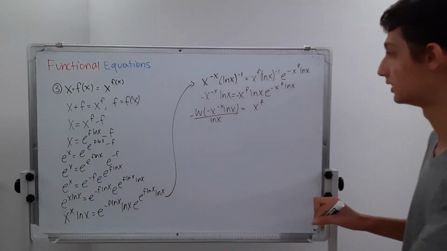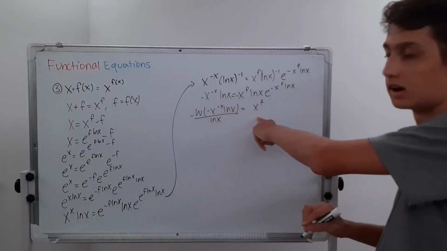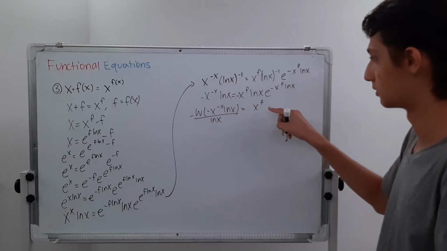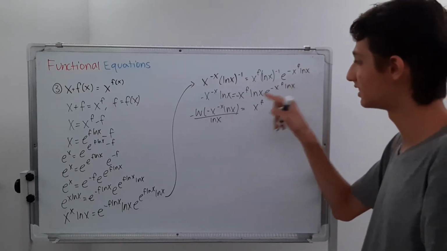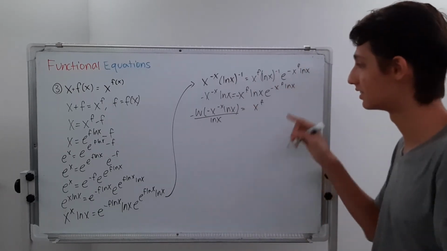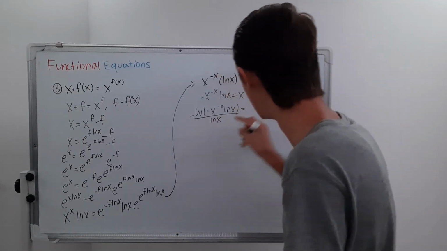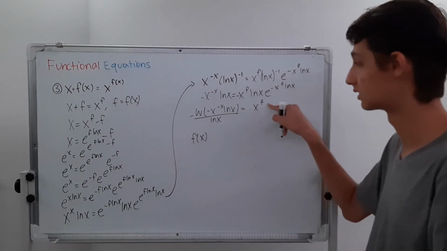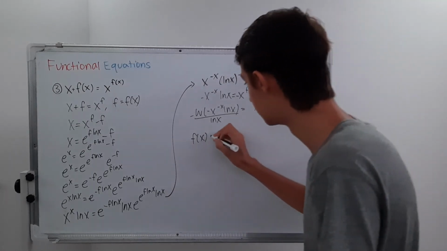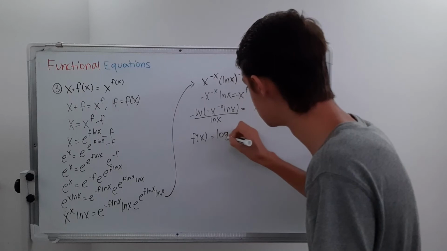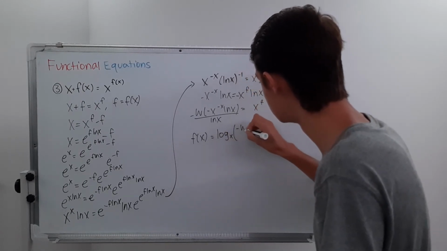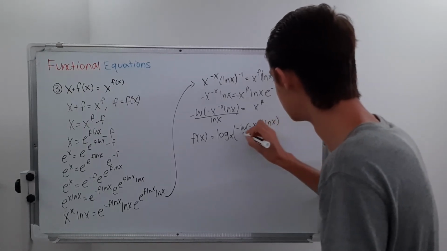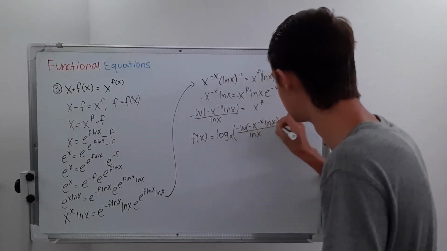All we gotta do now is we could just take the natural log, and then we'll have x ln f whatever. But if we just take the log base x on both sides, that's gonna be really helpful for us. So I'm gonna say that f of x, because log base x of x to the f is just gonna give us f back. So log base x of negative W of negative x to the negative x ln x, all of that divided by ln x.